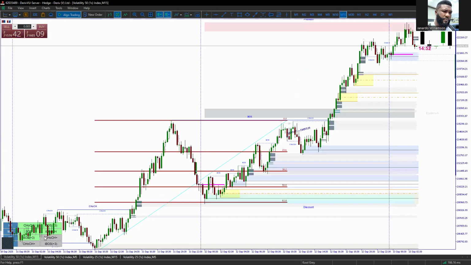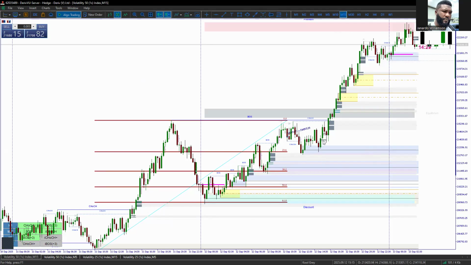Now going back to the lower time frame, the 15 minute time frame, we actually came back down to this fair value gap, tested it, and then we just went straight up.